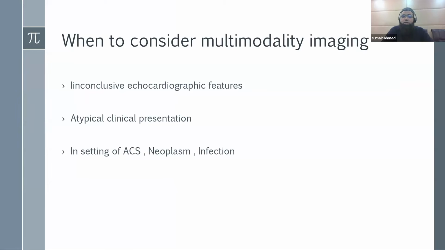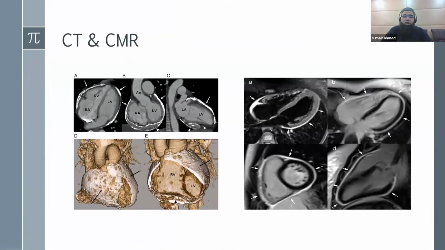Then we consider multimodality imaging whenever there are inconclusive echocardiographic features, an atypical clinical presentation, or in the setting of other pathologies, if we have doubt about things like ACS, neoplasm, and infection. Let me show a little bit of both CT and CMR. Look at this: in CT, constrictive pericarditis looks thickened and heavily calcified.